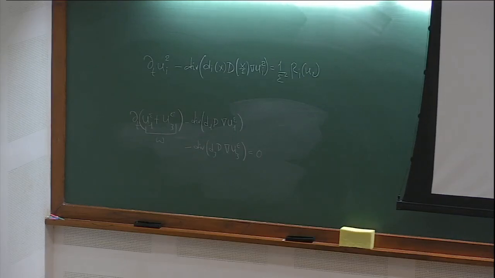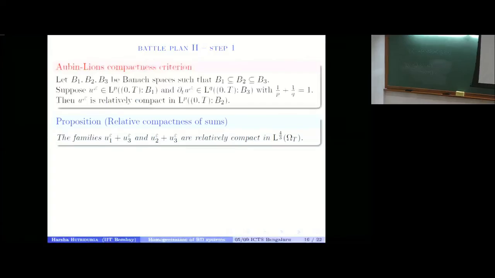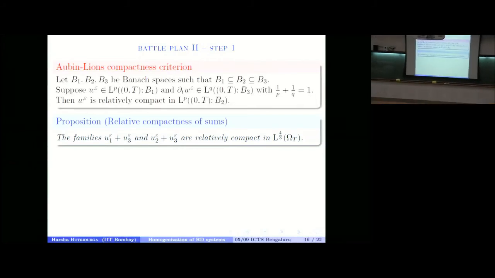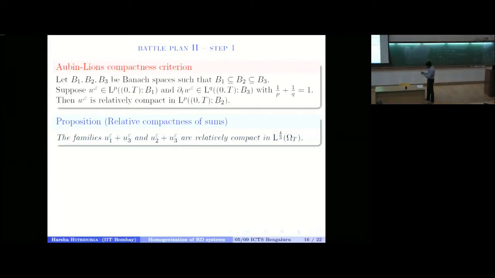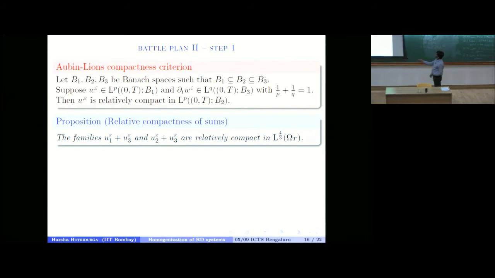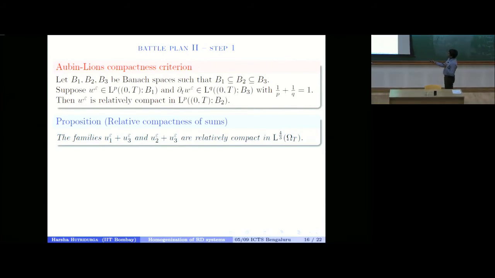And for that, I recall this Aubin-Lions compactness criterion. Okay? It says the following, it's quite simple. You need to have 3 Banach spaces, B1, B2, B3, which are contained like this. And if you have some family W epsilon, if you show that W epsilons are in L^p in time valued in B1, this first Banach space, and the time derivatives of W epsilon are in L^q, where q is the conjugate, valued in B3, the other endpoint.